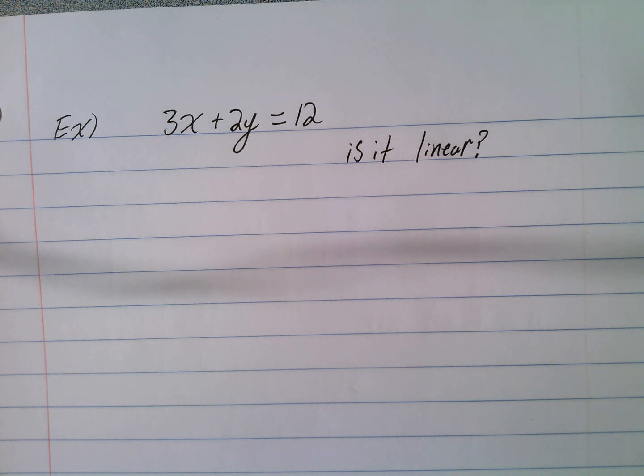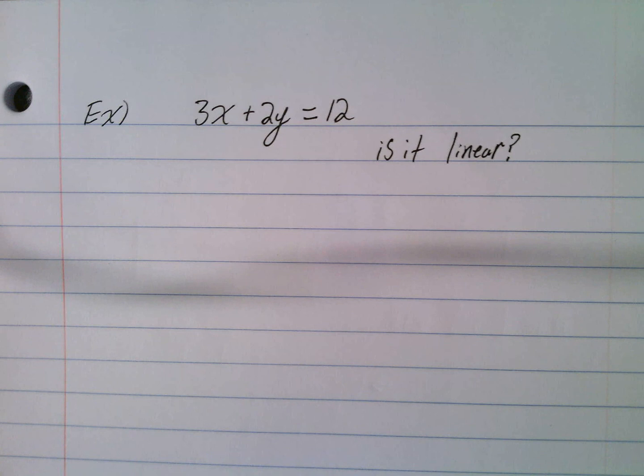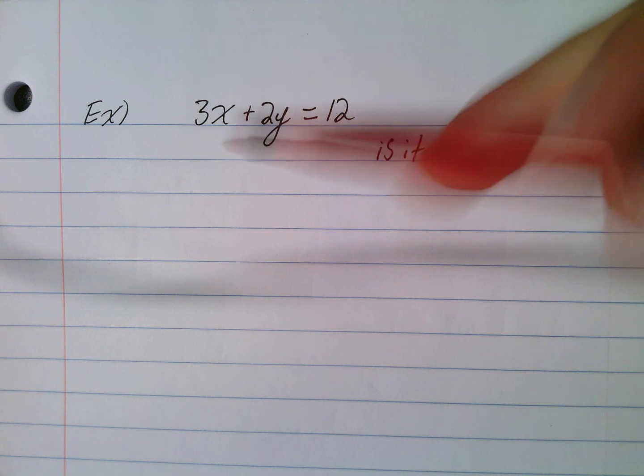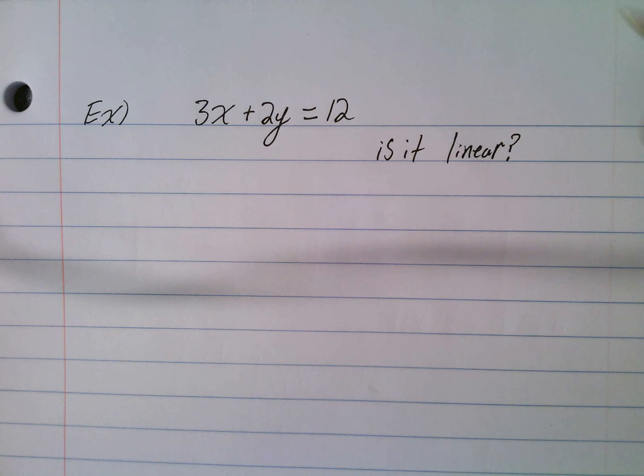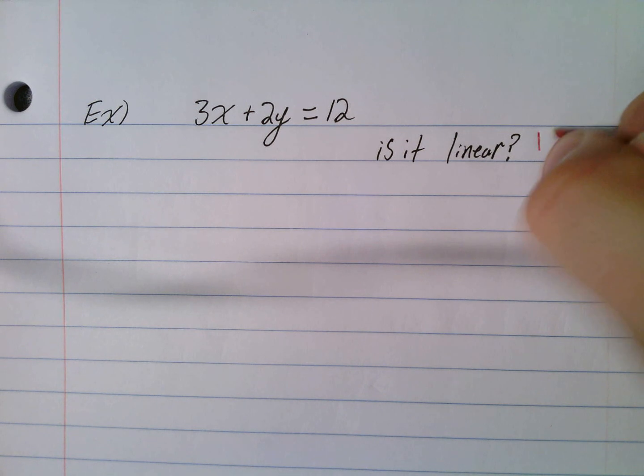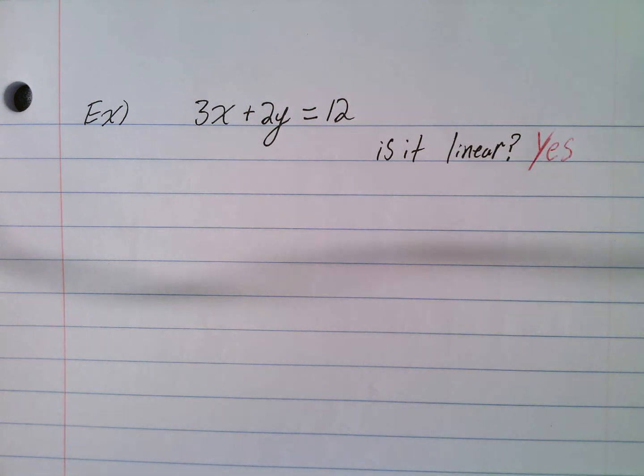Is this a linear equation? Yeah, how do we know? Because it doesn't break any of the rules. It doesn't have any exponents, I don't multiply x and y together, and I don't have a variable in a denominator. So yes, this is linear. And if it's linear, I know I can write it in slope-intercept form.